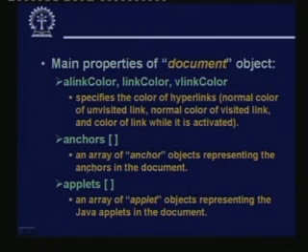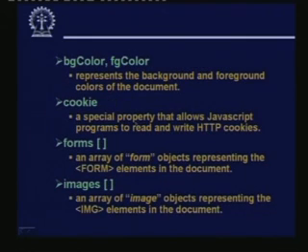Similarly, if you have applets defined in your HTML page, then the applets property will contain the array of all the applet objects that have been defined. bgColor and fgColor represent the background and foreground color, which you can change as per your need. Cookie, we have already seen how we can use it.